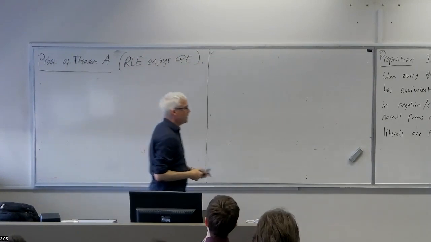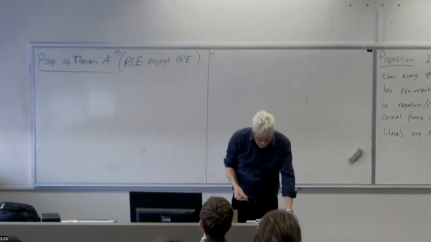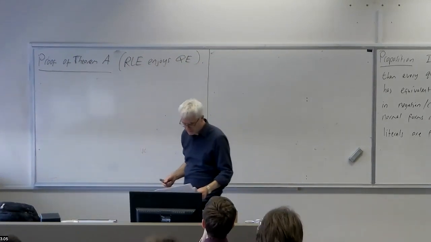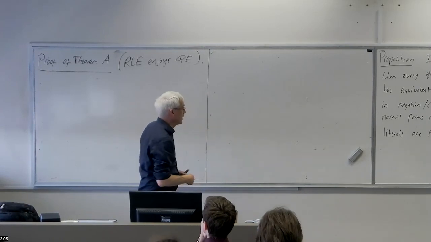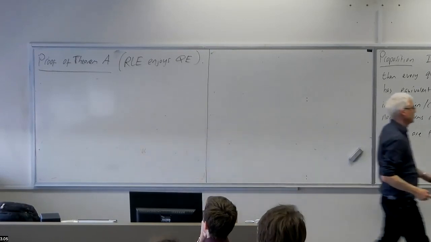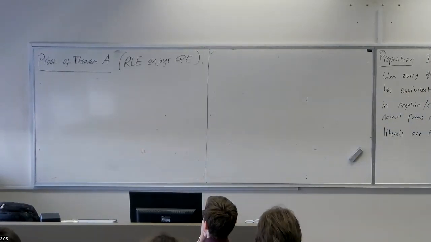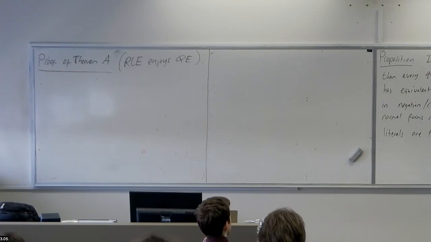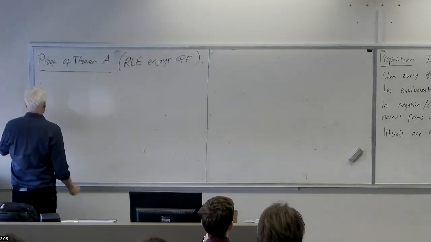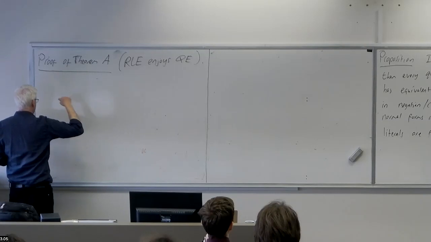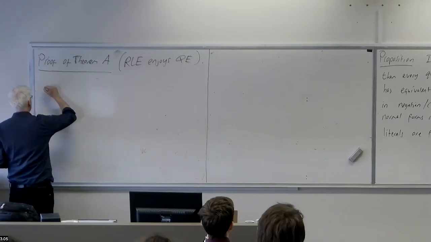Okay, so by the proposition, we just need to prove that every formula, let me call this again star, of the form star enjoys quantifier elimination. So the quantifiers are eliminable from every formula of the form star.